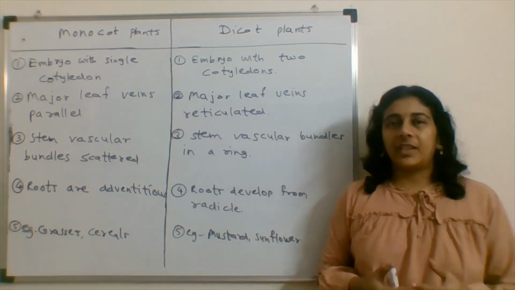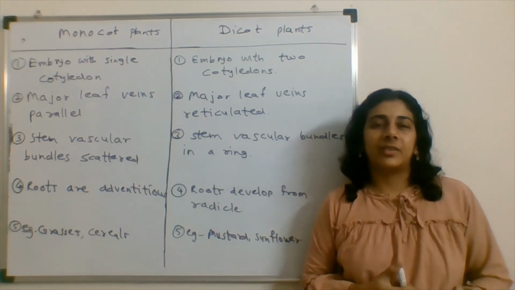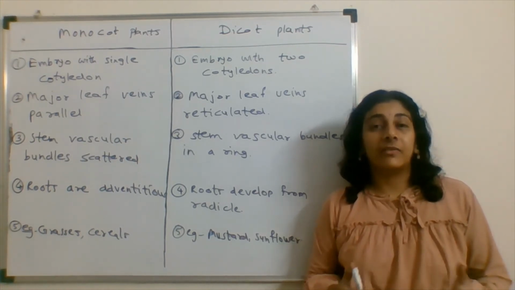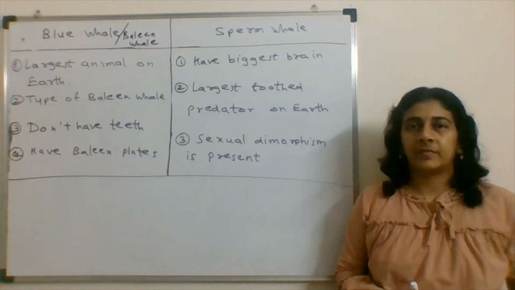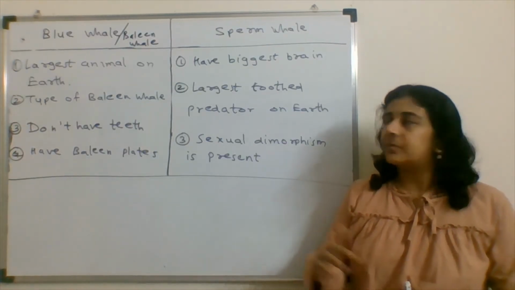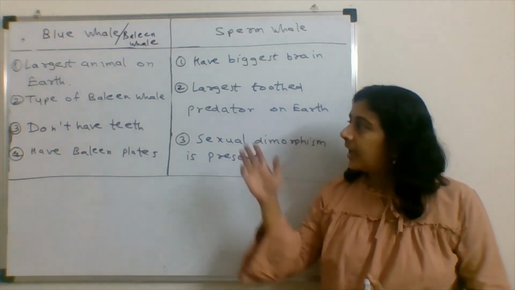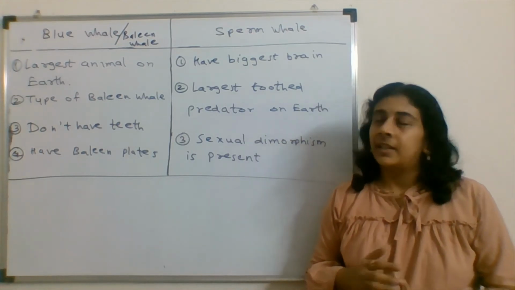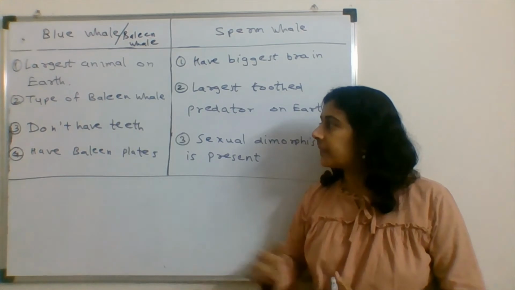Now, these three options were from the botany part of biology. One option is from zoology, so let's understand what whales are and what their types are. Now try to understand about the blue whale or baleen whale. Actually, the blue whale is a type of baleen whale. It is the largest animal on the earth.